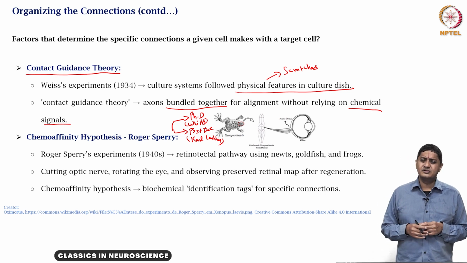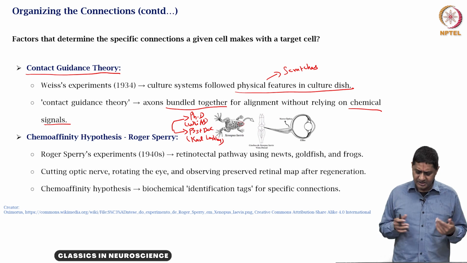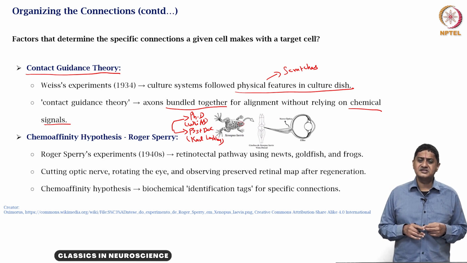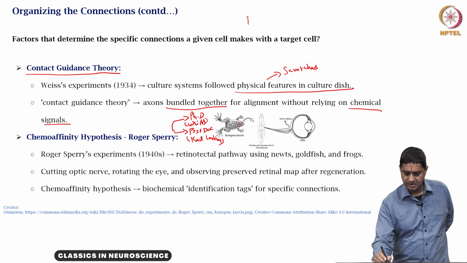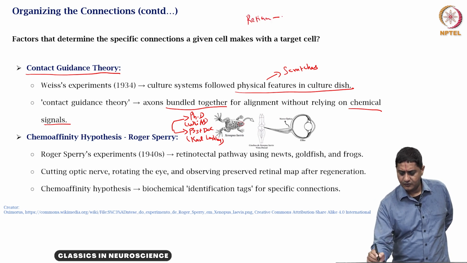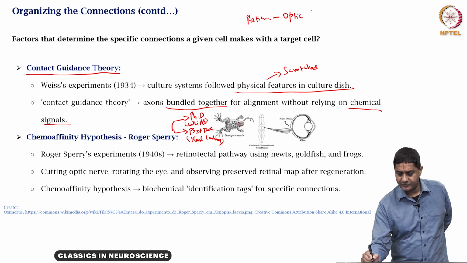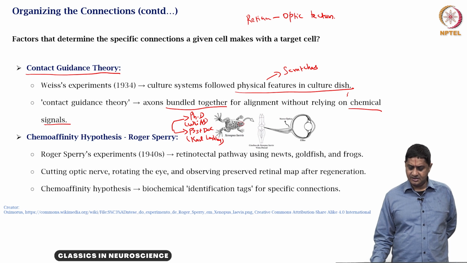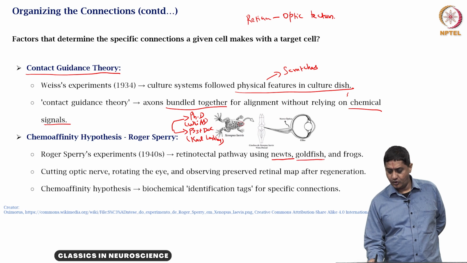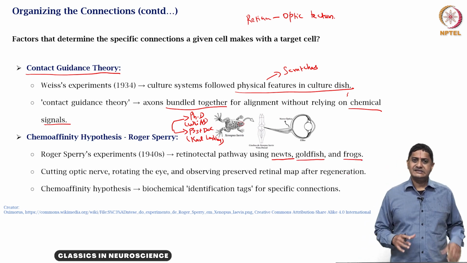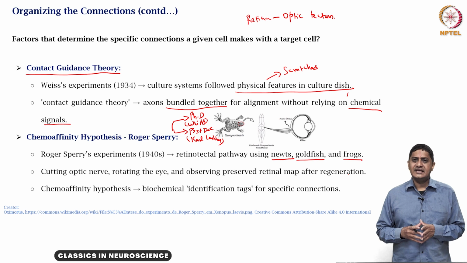But Roger Sperry decided to perform his own experiments where he studied the connections from retina to optic tectum. He studied this in newts, goldfish and frogs. These had excellent capacity for regeneration.